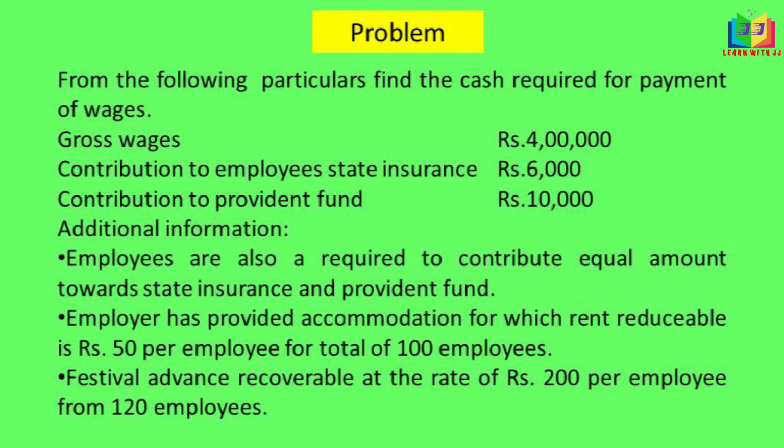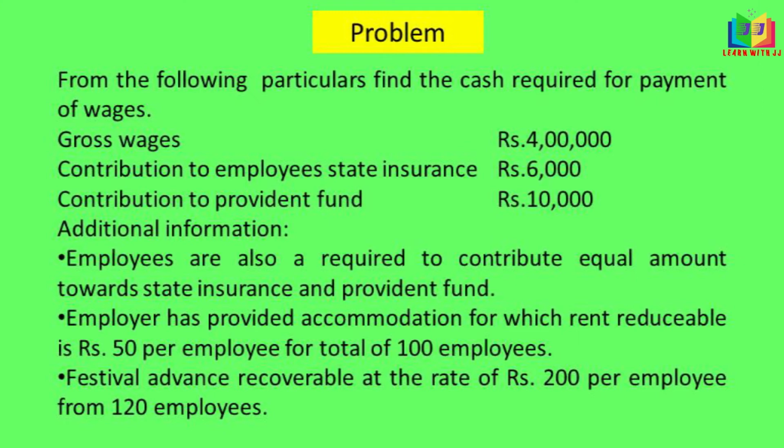Okay, we'll see one more problem. From the following particulars, find the cash required for payment of wages. Gross wages rupees 4 lakh, contribution to employee state insurance 6,000, contribution to provident fund 10,000, and additional information we have, employees are also required to contribute equal amount towards state insurance and provident fund.